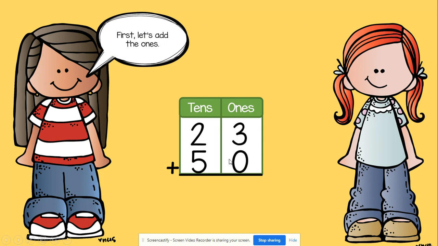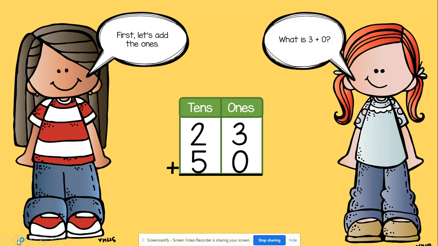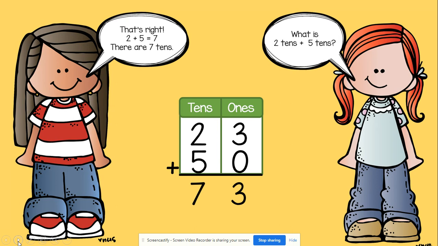Remember, this side is the ones. 3 plus 0 is 3. Very nice. Now we're going to look at the tens. What is 2 plus 5? 5, 6, 7. 7 tens. 2 plus 5 is 7.